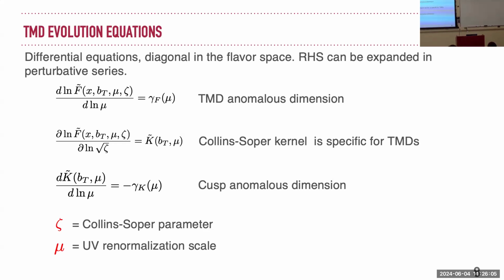So I have f tilde of x, b t, mu and zeta equal to f tilde of x, b t, mu, zeta 0. Okay, so the equation is with respect to, oh wait a second, it's the second line there. So in my notes somehow I call it number 1. And I have my exponentiation of k tilde of b t and mu times log of square root of zeta over zeta 0.